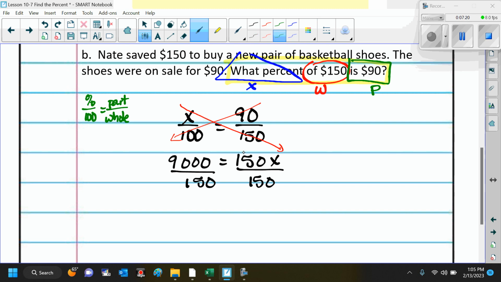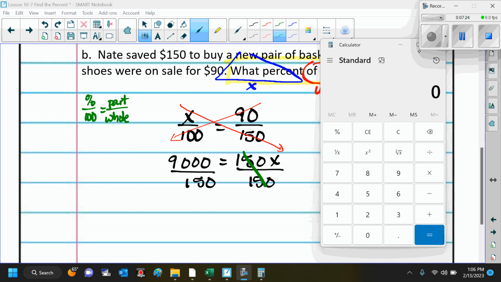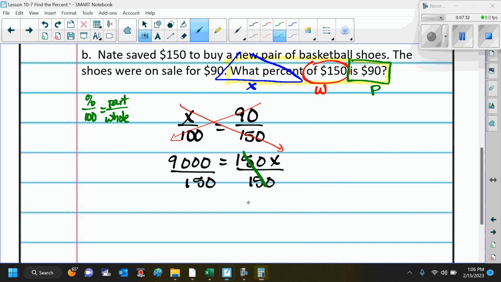Those 150s cancel, and we've got 9,000 divided by 150, and that gives us 60. So x is equal to 60. So this is 60%.